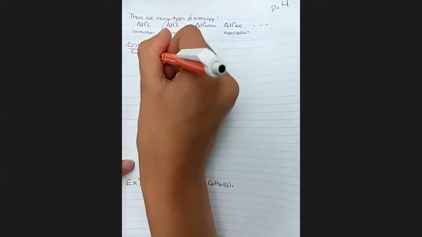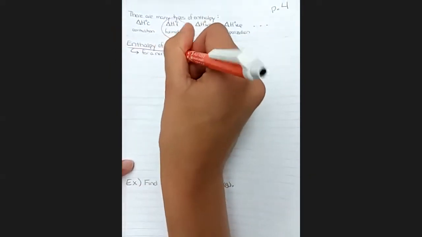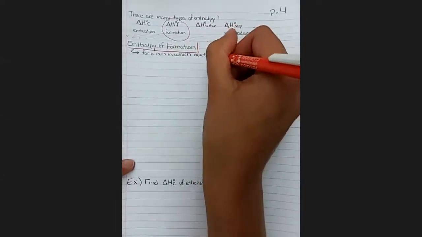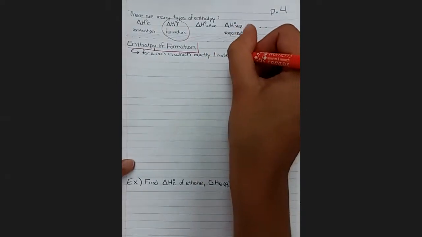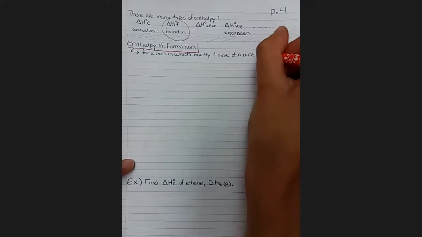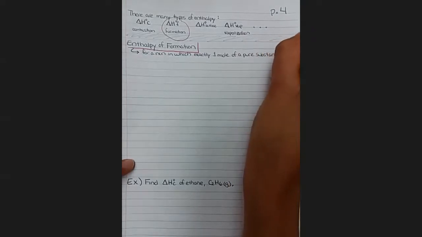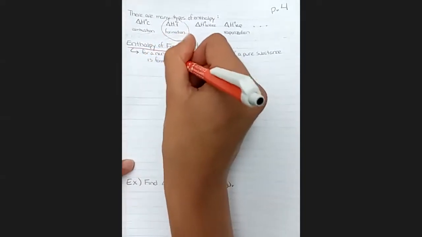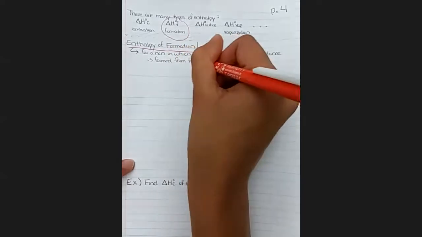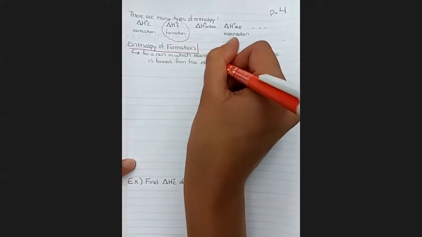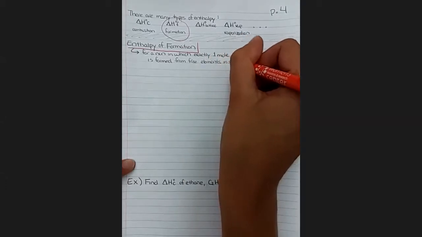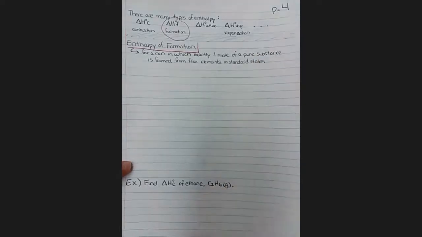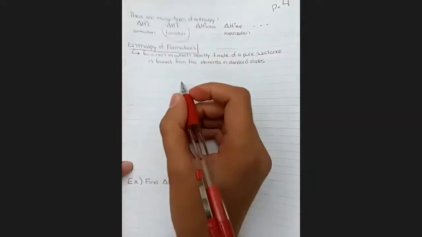This one is the enthalpy for reaction in which exactly 1 mole of a pure substance is formed from free elements in standard states. Okay, that's a long definition. Let's break it down into the important parts here.